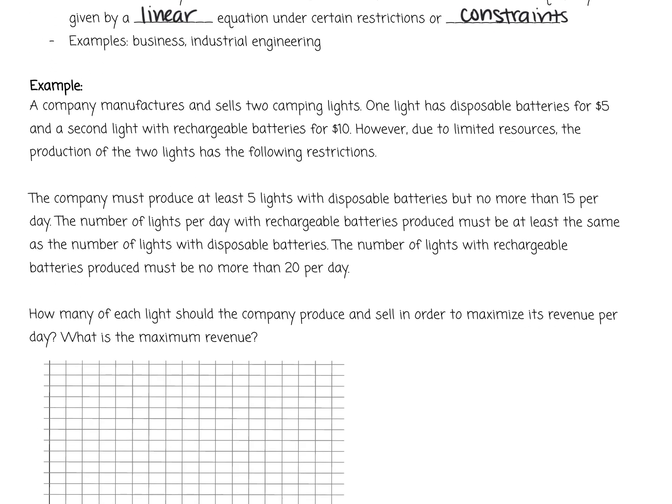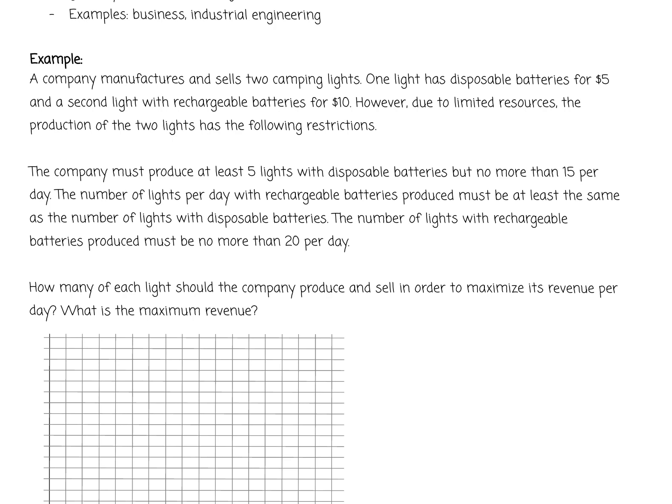Let's go ahead and look at our first example. We have that a company manufactures and sells 2 camping lights. One light has disposable batteries for $5 and a second light with rechargeable batteries for $10. However, due to limited resources, the production of the 2 lights has the following restrictions. The company must produce at least 5 lights with disposable batteries, but no more than 15 per day.